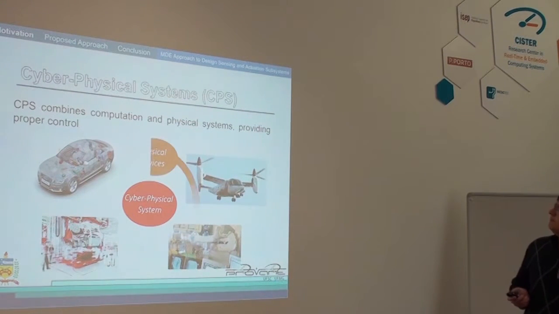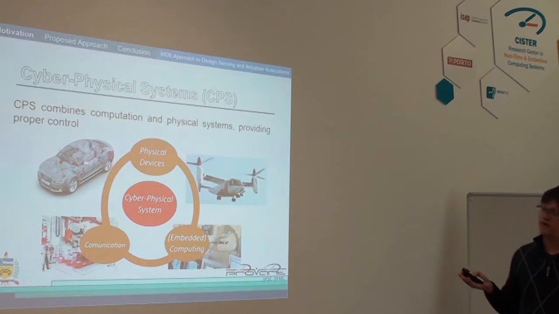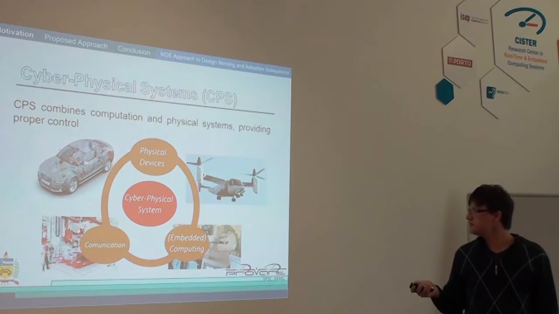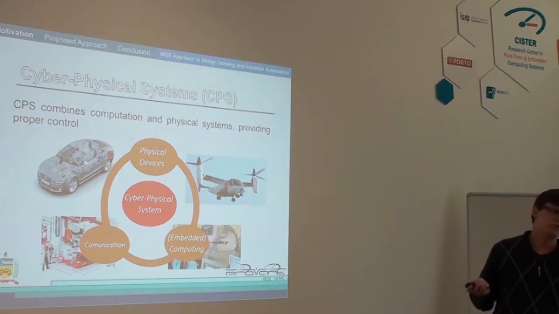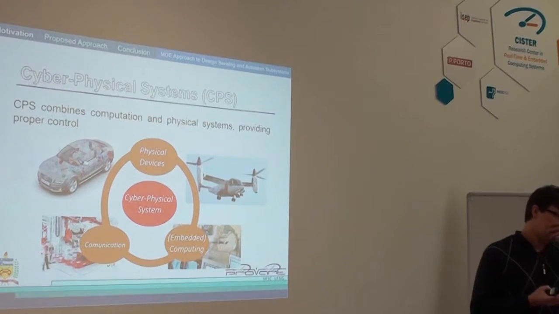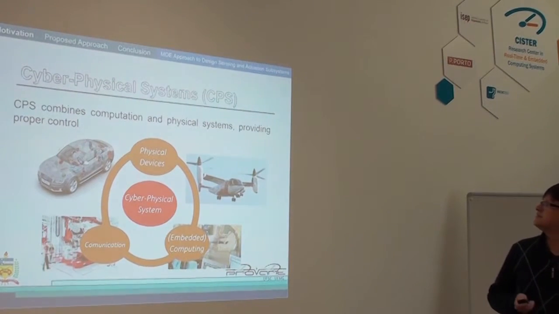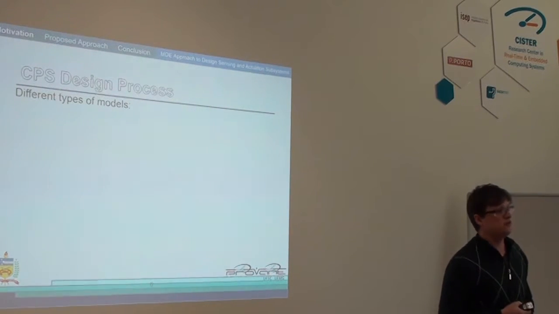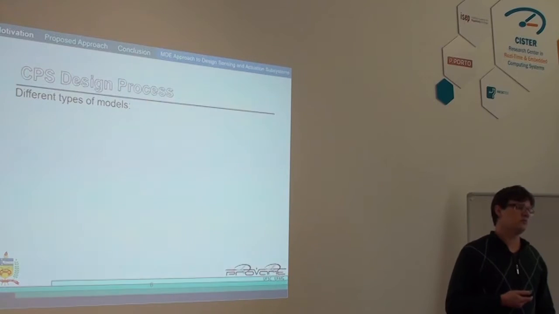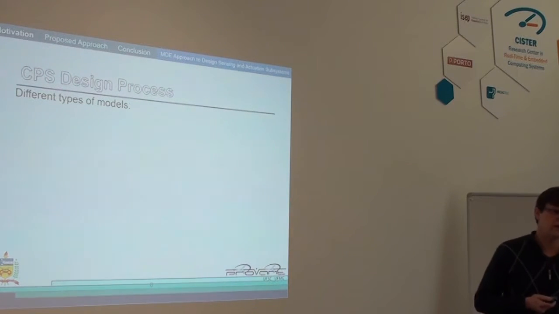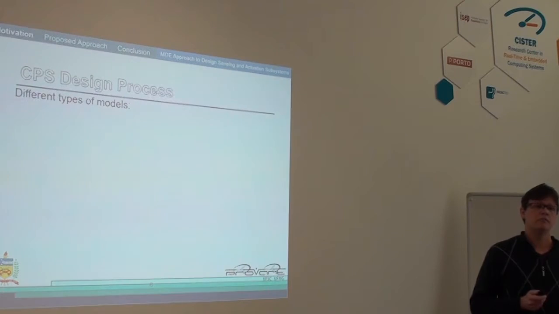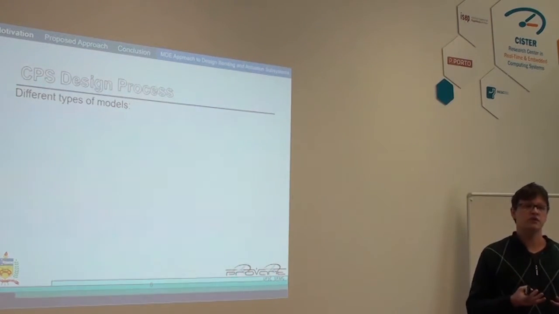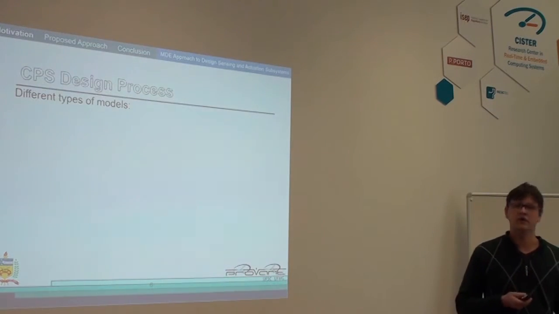So basically it's a composition of physical devices, communication systems, and embedded computing platforms in order to make the whole application. That is my research topic actually. To design this kind of system using model-driven engineering practices, we usually design different models to express the system characteristics, and these models are used to make the real application.